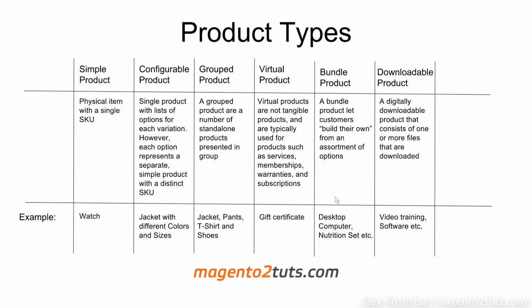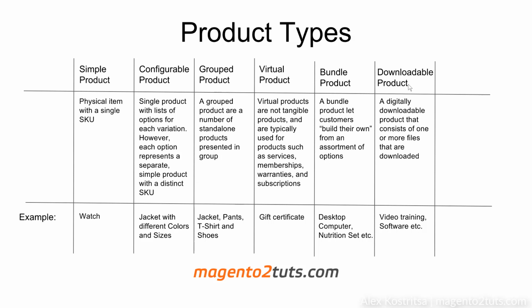They could select a motherboard. We could offer several motherboards to them. They could select a CPU. We could provide them with, for example, Intel CPU or AMD CPU. We could also offer them RAM memory. This could be 16 gigabytes or 32 gigabytes. We could also offer them hard drives. This could be an SSD drive or just a regular hard drive. And the customer could select exactly what they want from the options that we offer. So that's what we call a bundle product.